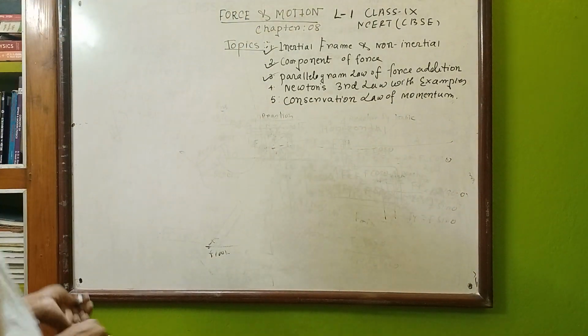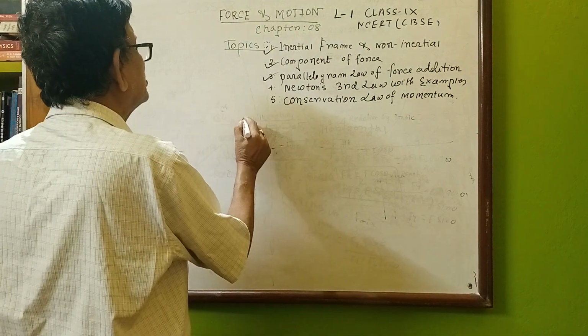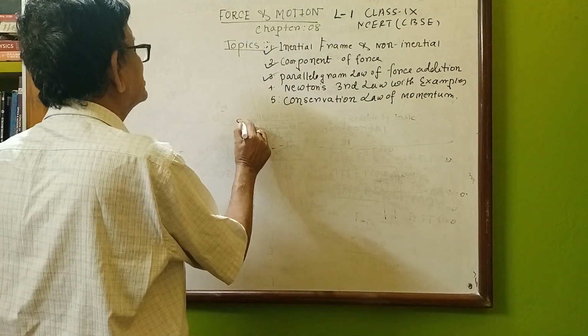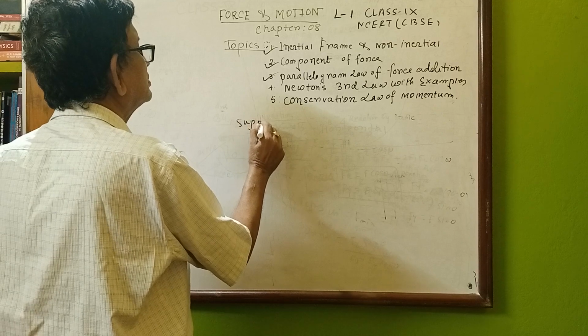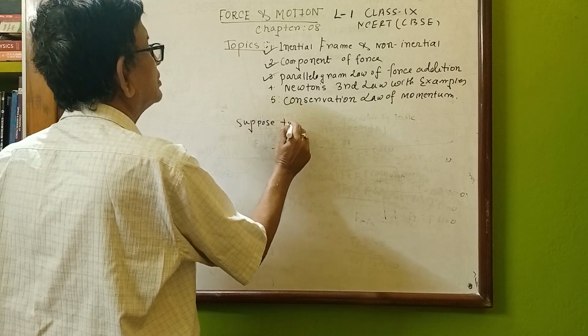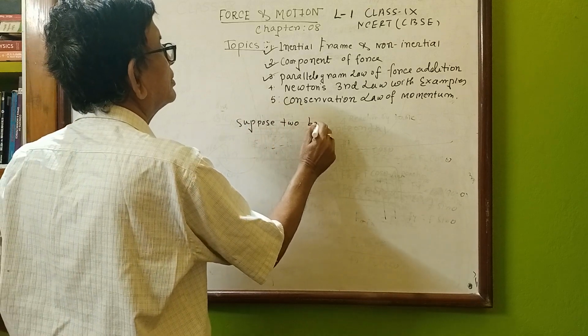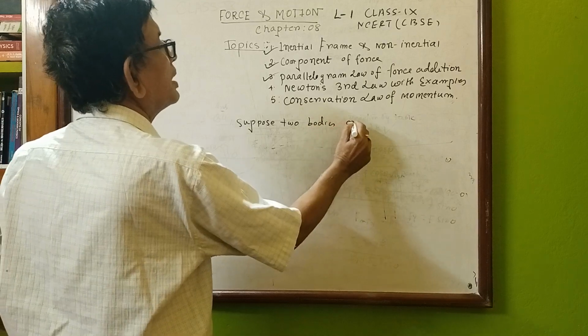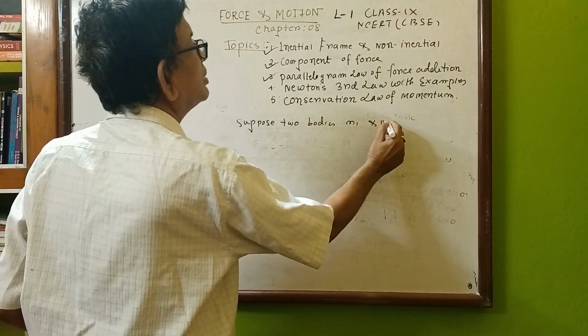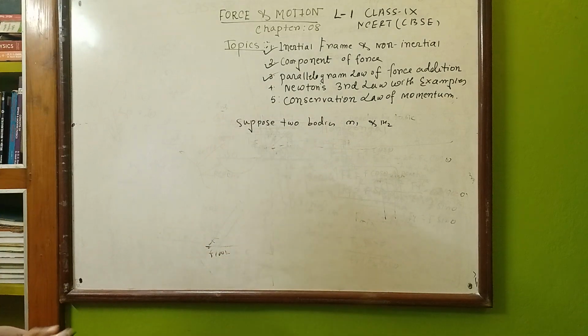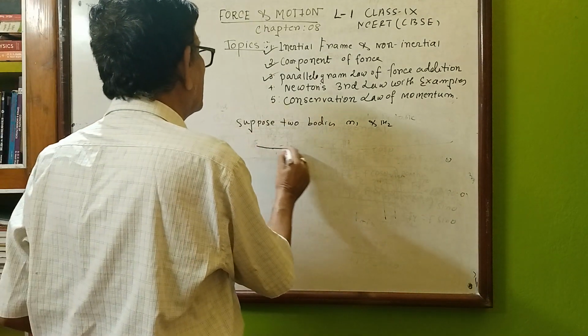Now children, suppose two bodies, M1 and M2. We are considering two bodies, M1 and M2, moving on the same track in the same direction.